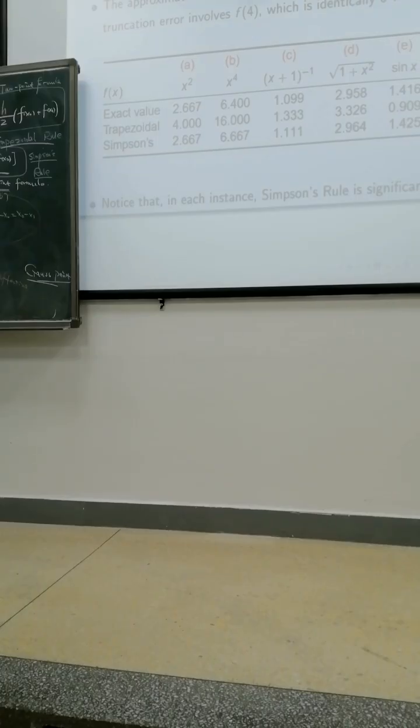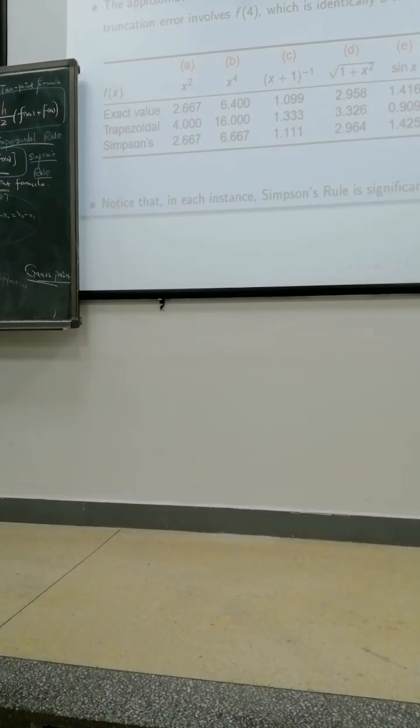The reason is here: first we do discussion on the small interval. Because here we use P1(x), and here we use P2(x). This is the reason why Simpson's rule is better than the trapezoidal rule.